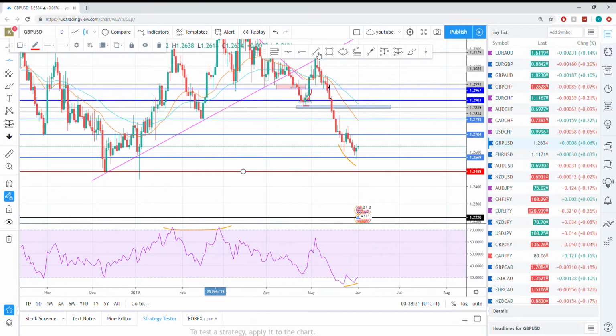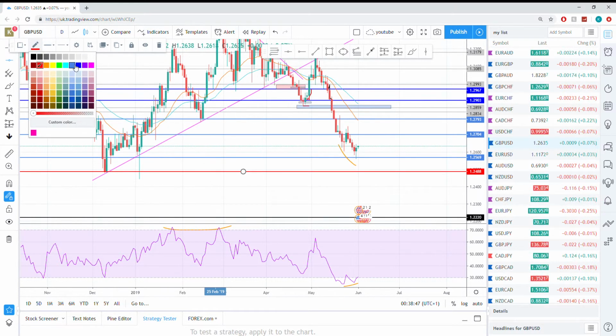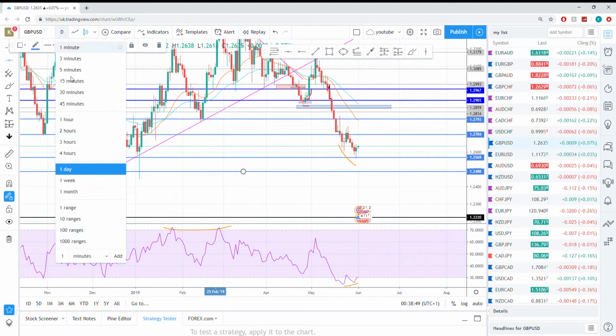I personally like to add lines and key level points as price action goes closer towards the next key levels, if you understand what I'm trying to say. I'll go ahead and change the color of this as well.